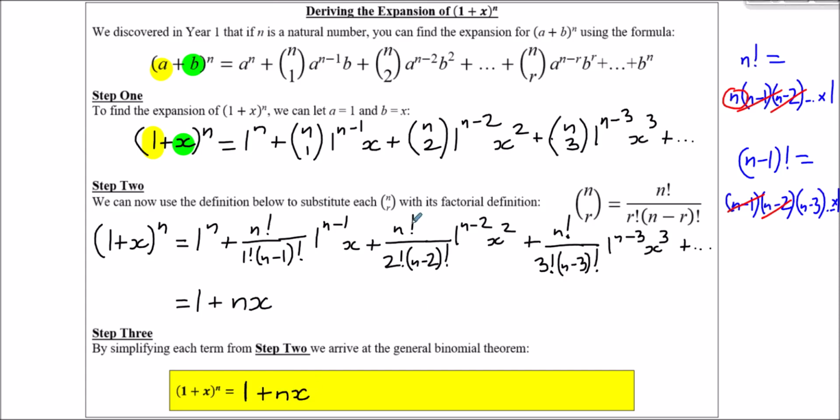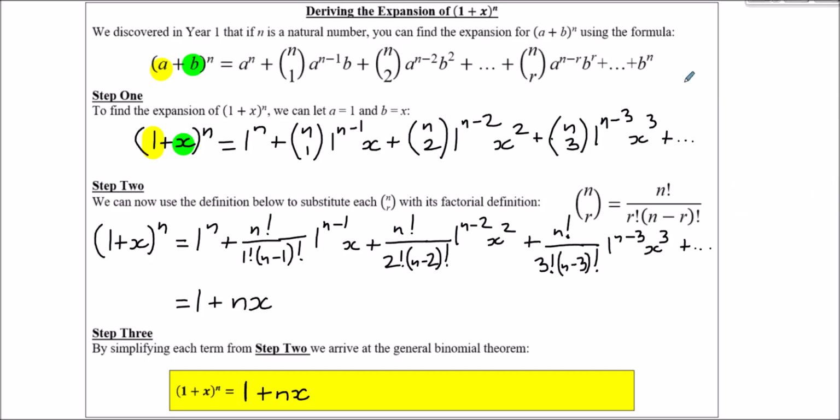For the next term, n factorial over 2 factorial, n minus 2 factorial. Well, n minus 2 factorial would start from here. So n factorial divided by n minus 2 factorial would look something like this. So if I just show you the cancellations, in case you're not sure. And what I'd have on the top, n minus 1, n minus 2, all the way down to 1.